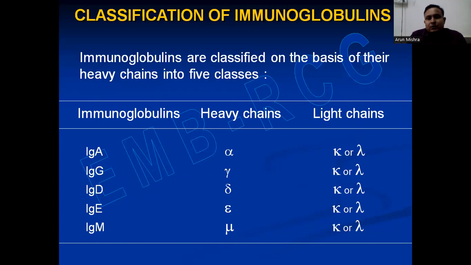The classification of immunoglobulins. Immunoglobulins are classified on the basis of their heavy chains into 5 classes: immunoglobulin A, G, D, E, and M. Their heavy chains being alpha, gamma, delta, epsilon, and mu.